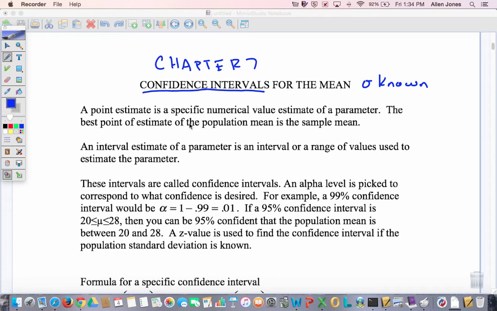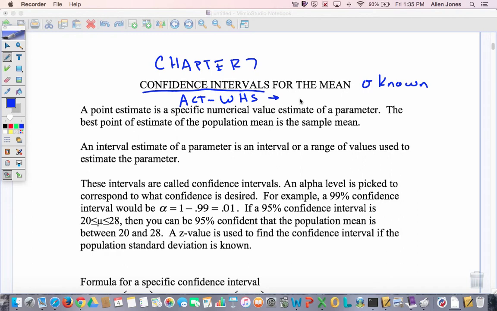So for example, let's say I want to estimate the average ACT score for the entire student body at Waukee High School. Rather than try to find every student at Waukee who's taken the ACT and find the average from those, which would be our population mean, I could take a sample.